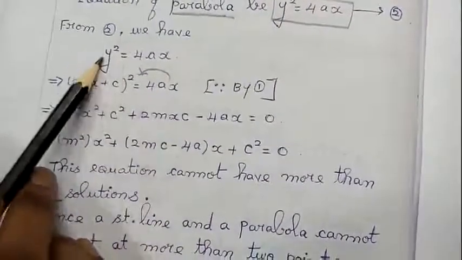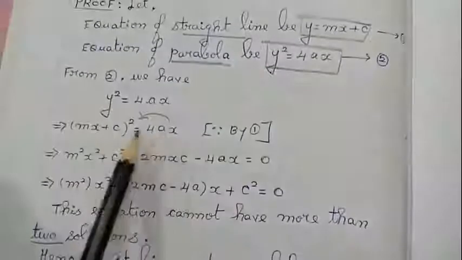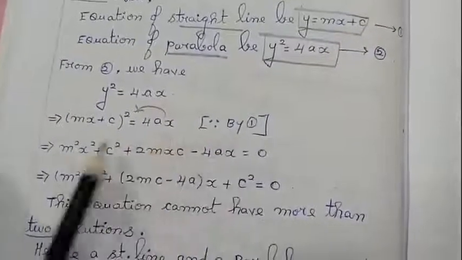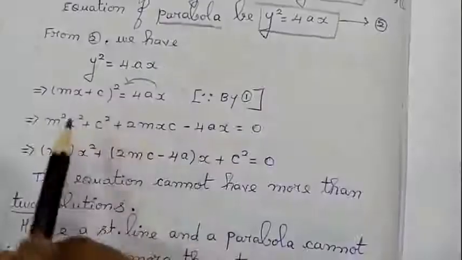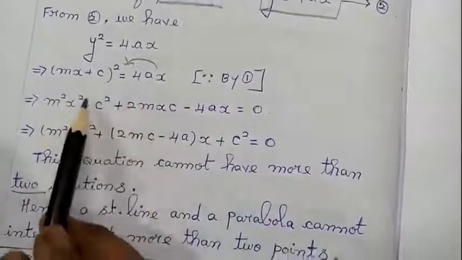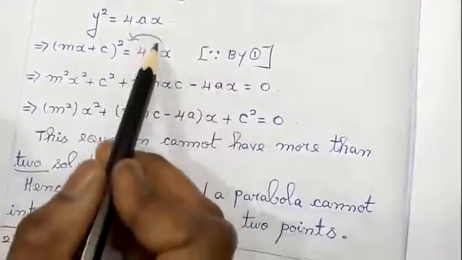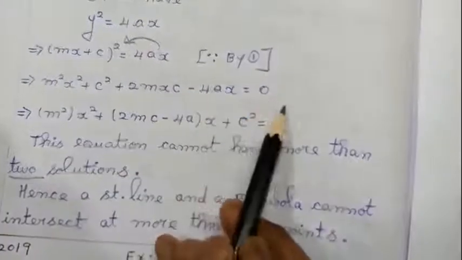In place of y, I am going to replace the first one. That is, mx plus c the whole square equal to 4ax. I am going to use the a plus b whole square formula, that is a square plus b square plus 2ab, algebraic calculation. I am going to bring this 4ax to my left hand side, minus 4ax equal to 0.